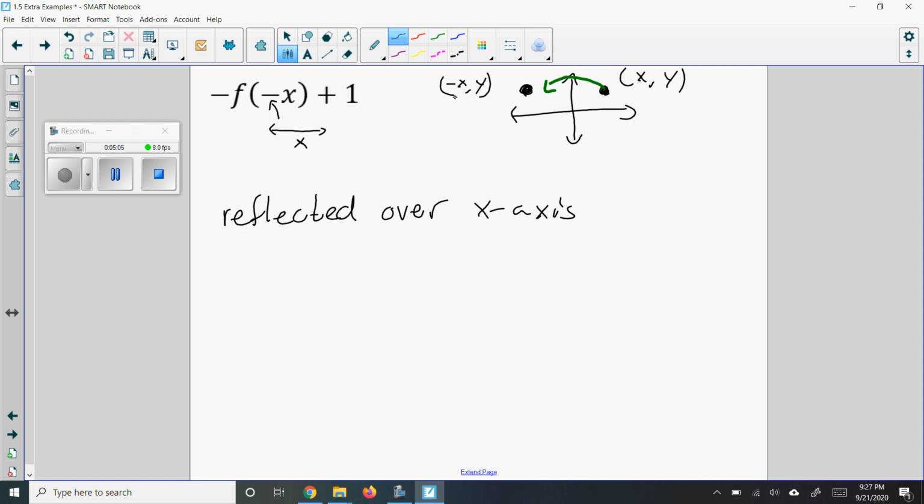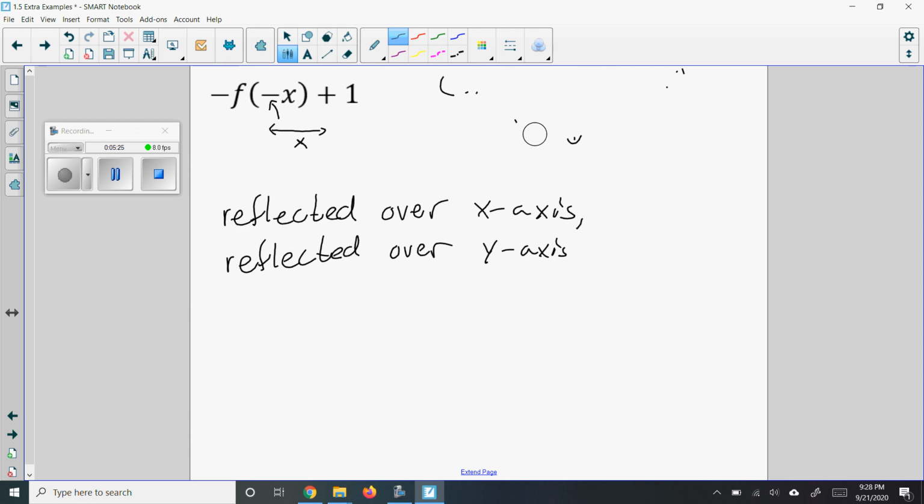I've changed the x value. Well, which axis did it reflect over? The y. So if it affects the x's, that means it's been reflected over the y-axis.